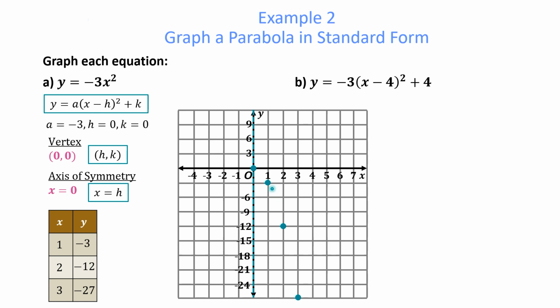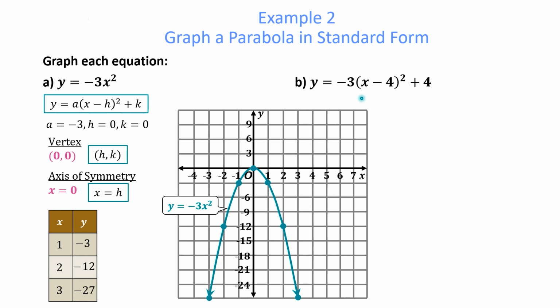So 1, minus 3 would become minus 1, minus 3. 2, minus 12 would become minus 2, minus 12. And 3, minus 27 will become minus 3, minus 27. And then we can join them up with a smooth curve like so.